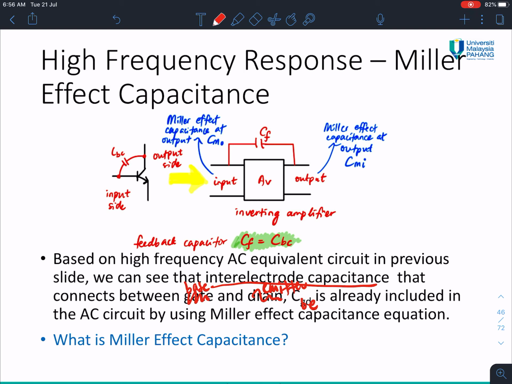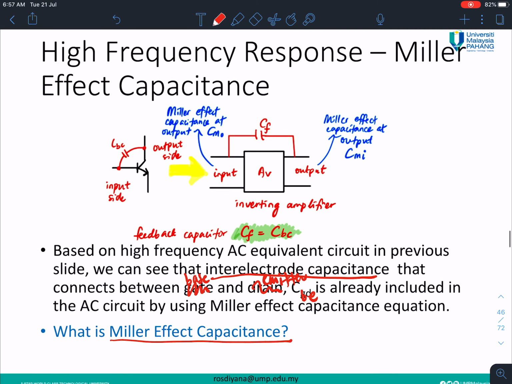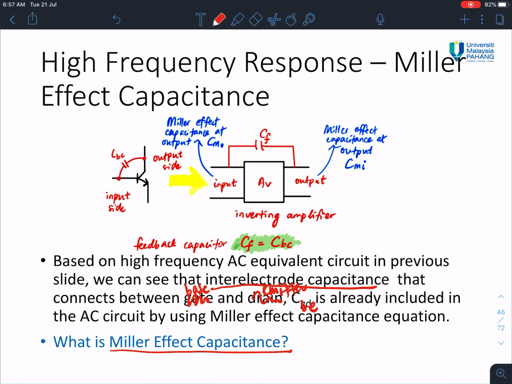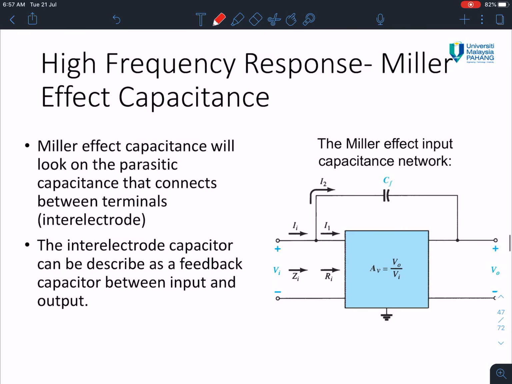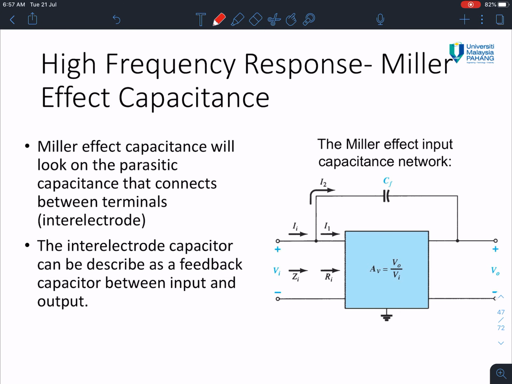So what is Miller effect capacitance? The Miller effect capacitance looks at the parasitic capacitance that connects between terminals like this. The interelectrode capacitor can be described as a feedback capacitor between input and output.